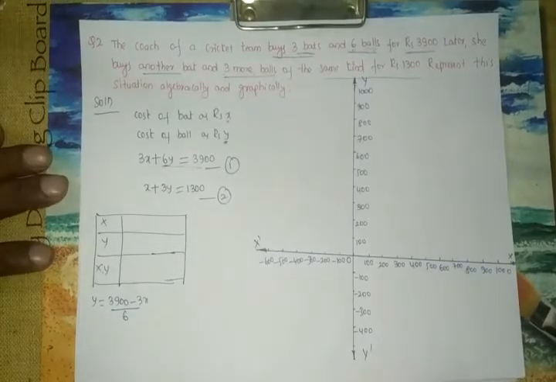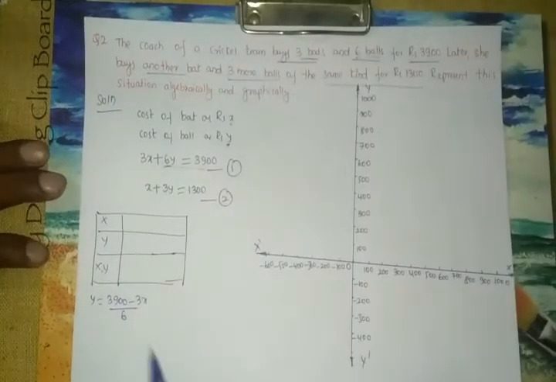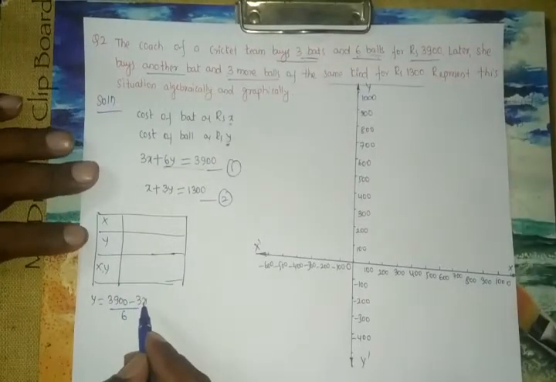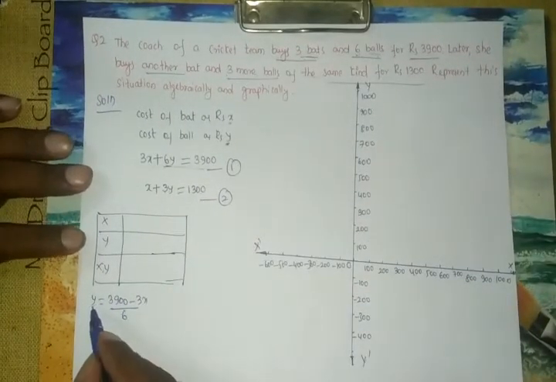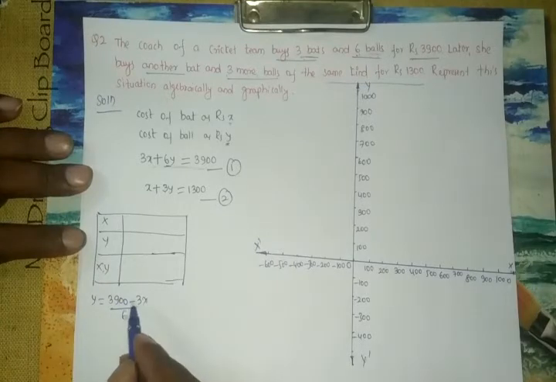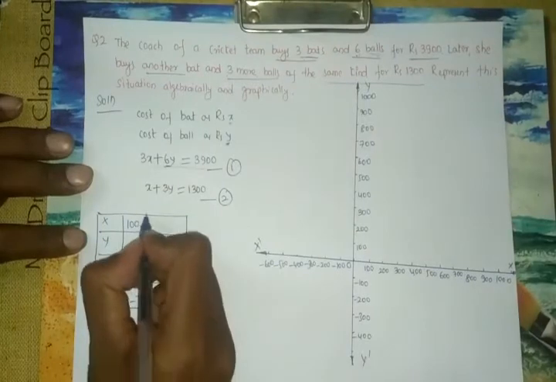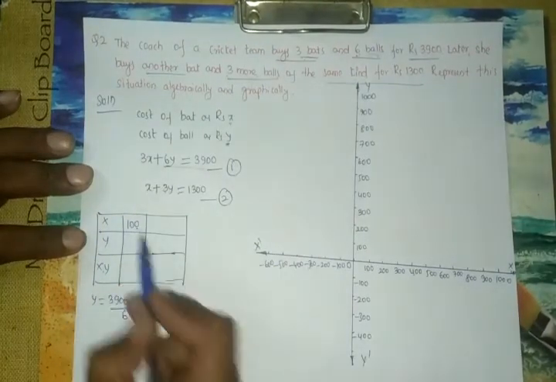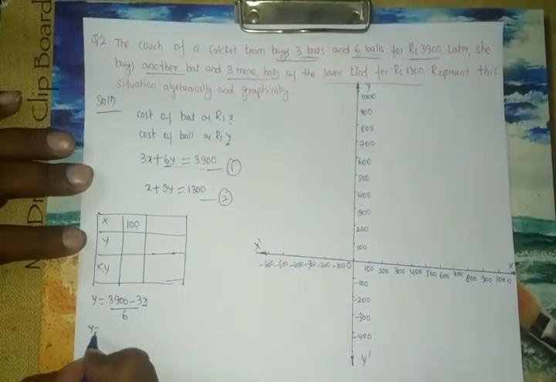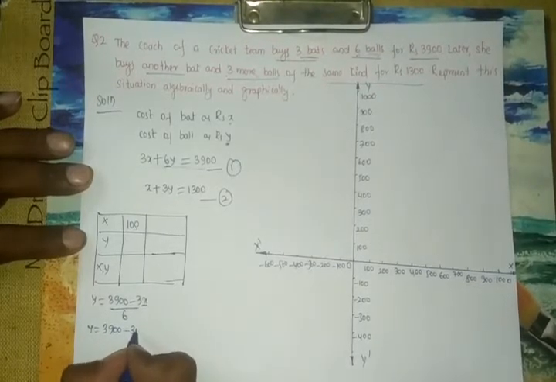I have to take some value of x and I should get the corresponding value of y. I will go with the value of x as say 100. When I put the value of x as 100, the corresponding value of y will be 3900 minus 3 into 100 is 300, divided by 6.